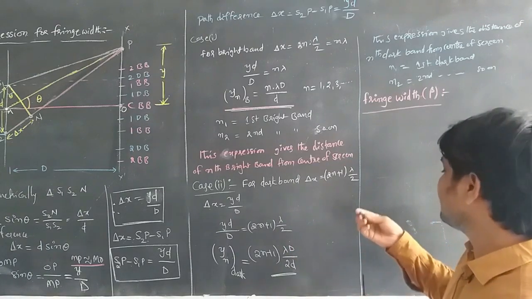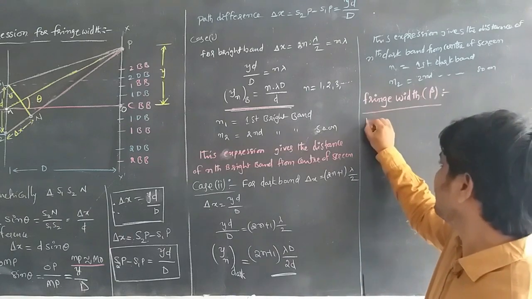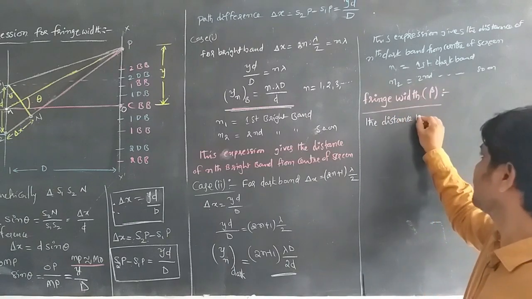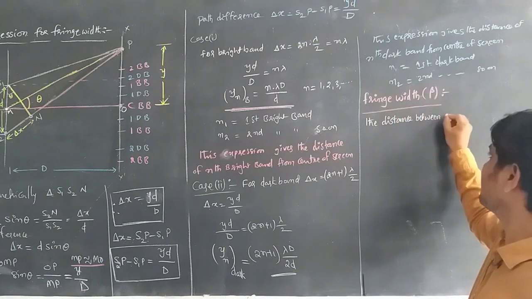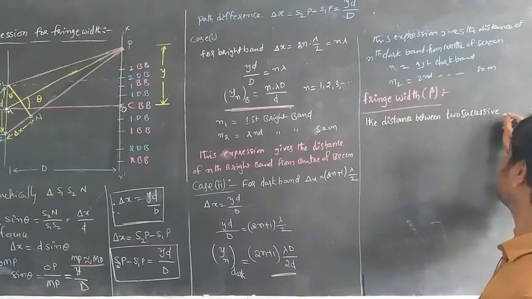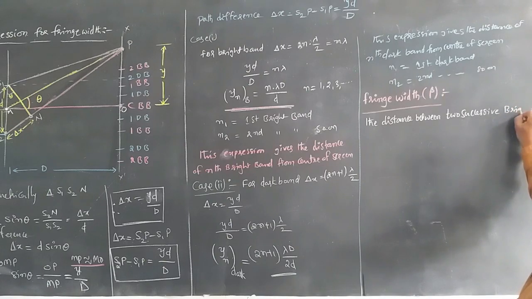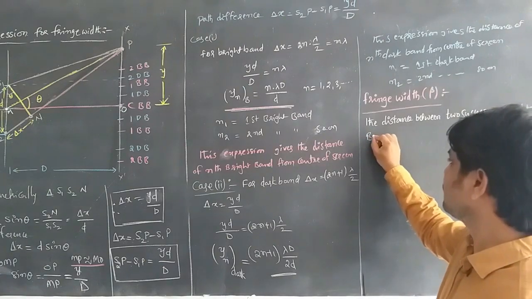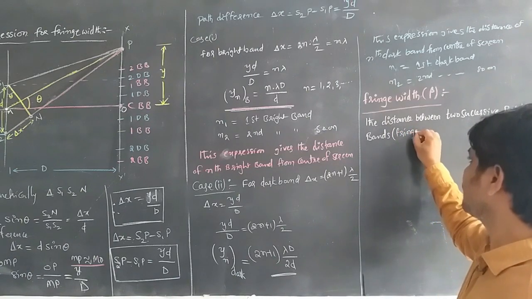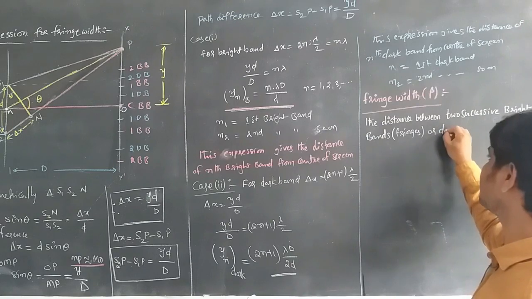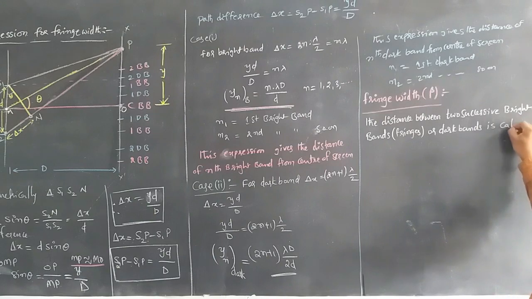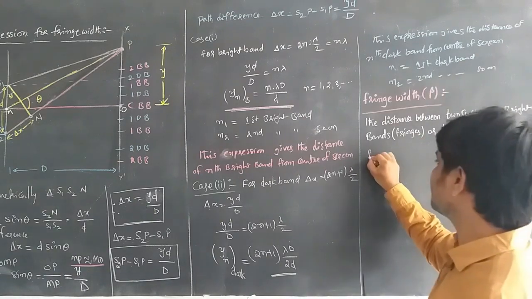So it is the distance between two successive bright fringes or dark fringes that is called the fringe width.